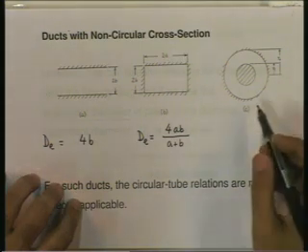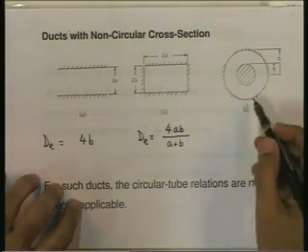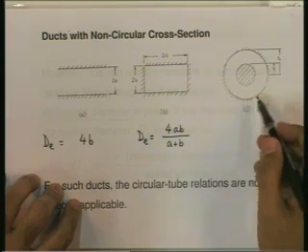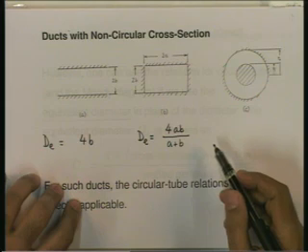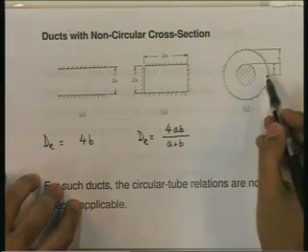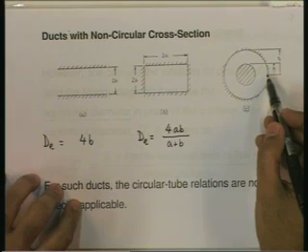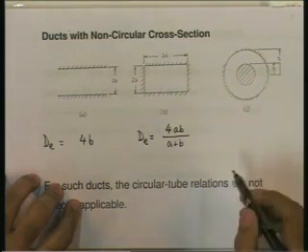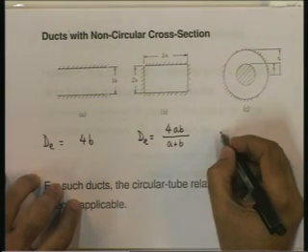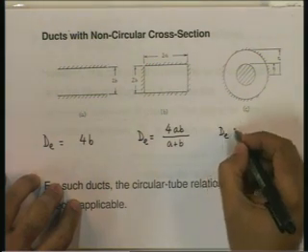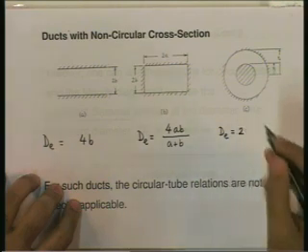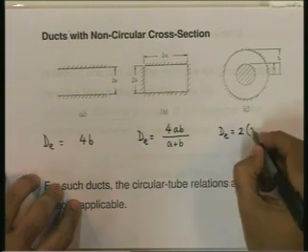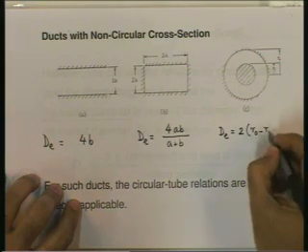And in this particular case, the area is that bounded by the outer circle minus that bounded by the inner circle, whereas the wetted perimeter is the circumference of the outer circle plus the circumference of the inner circle. And if you substitute these relations, you will get the equivalent diameter to be twice the difference in the radii of the two circles.